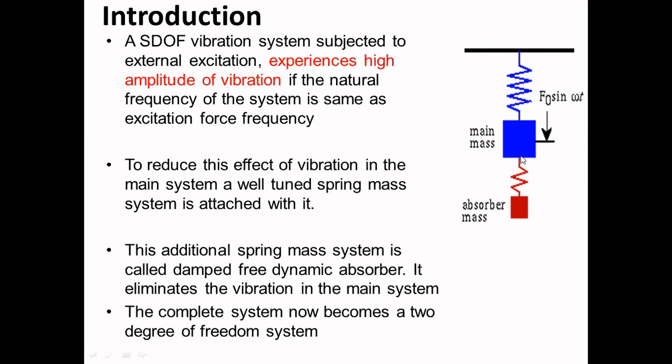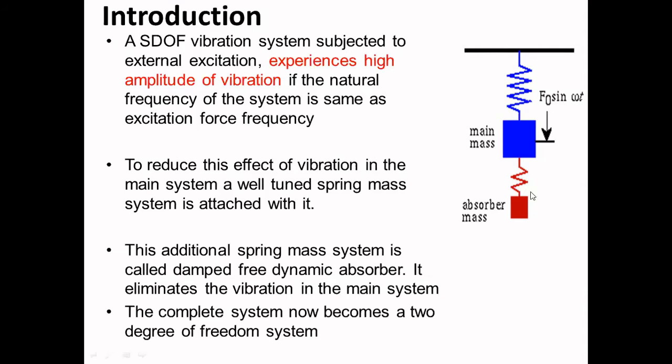This can be reduced by attaching an additional spring mass system to the main system. Once this carefully designed additional spring mass system is attached with the main system, the amplitude of vibration of the main system reduces significantly.